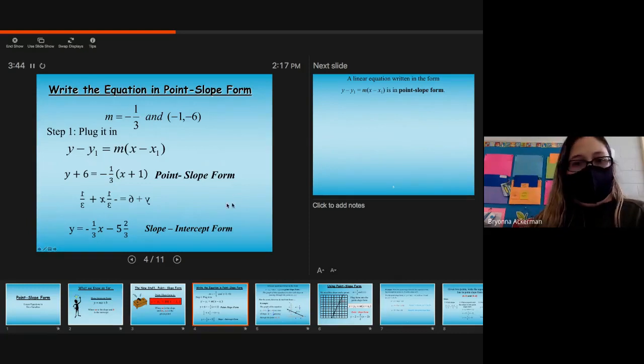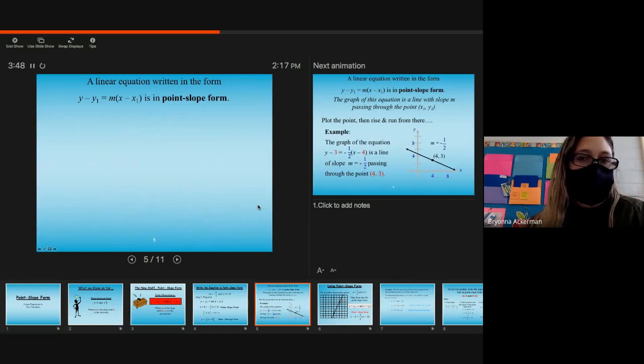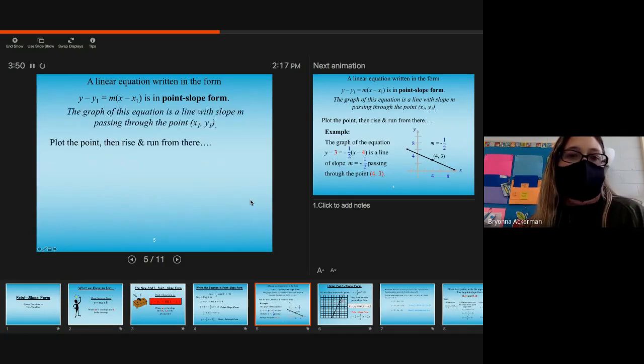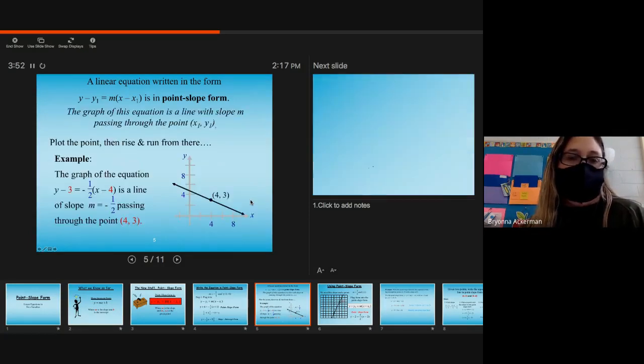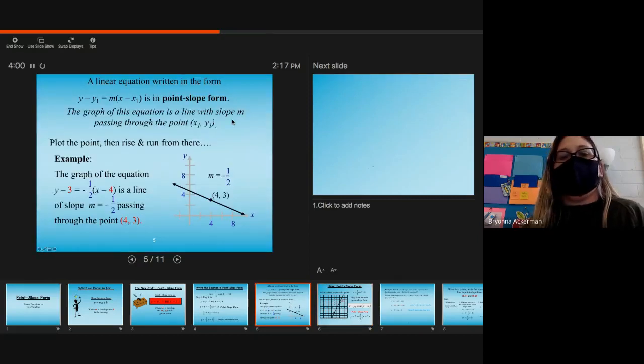All right, let's try another one. So let's say I'm given a graph in this situation, and we want to still put it in point slope. Okay, so they're going to tell us a point, 4, 3, and then they're telling us the slope is negative 1/2, but we could count it if we needed to. Remember, it's rise over run.